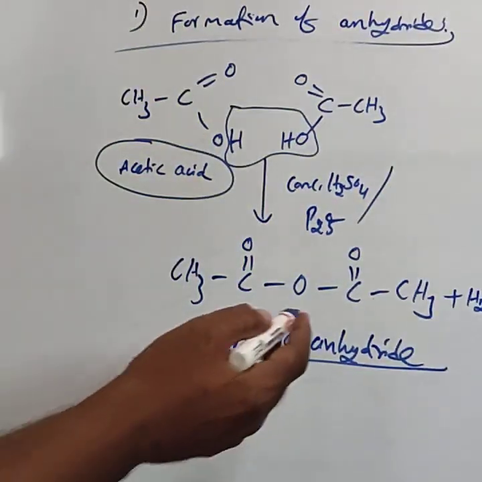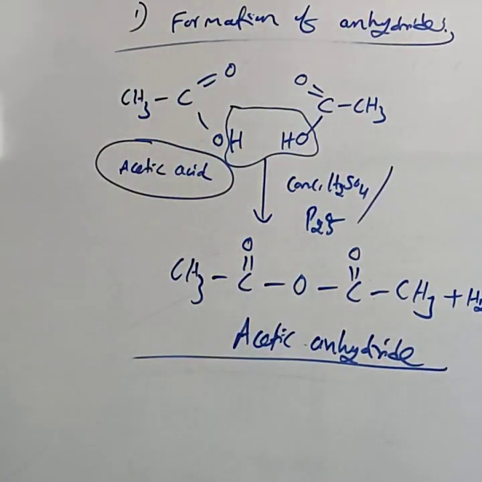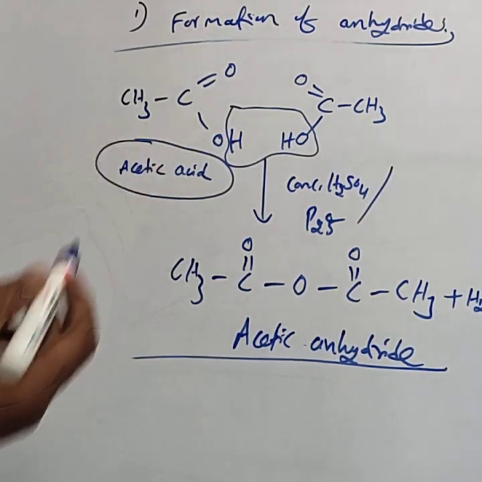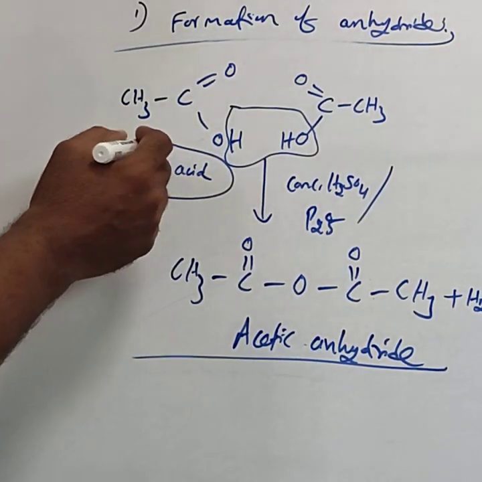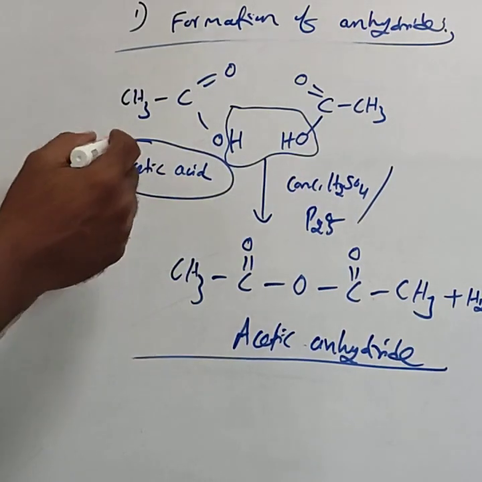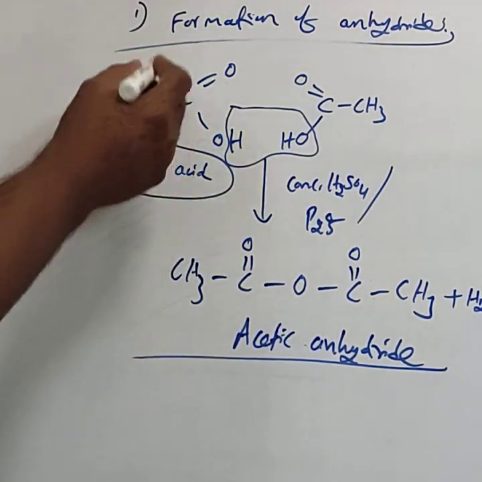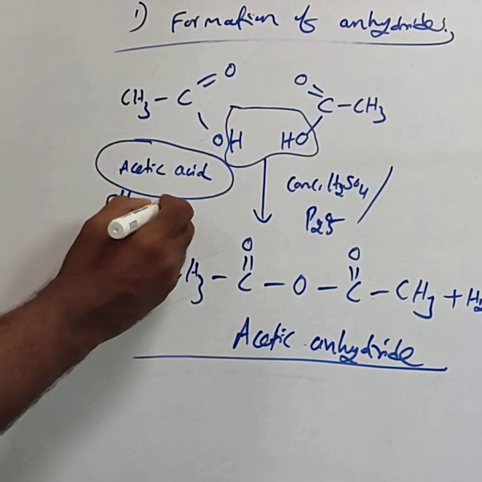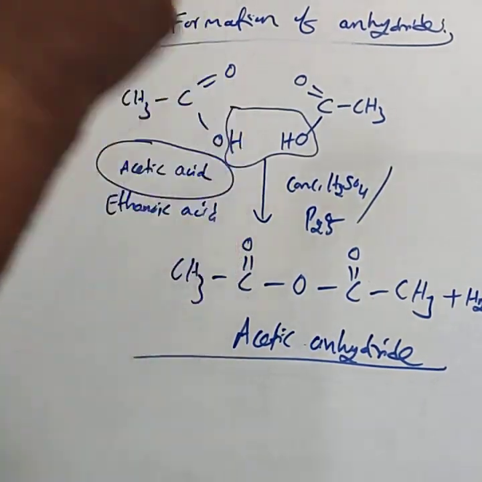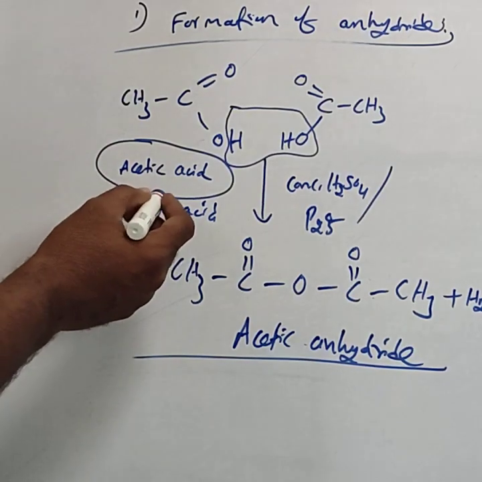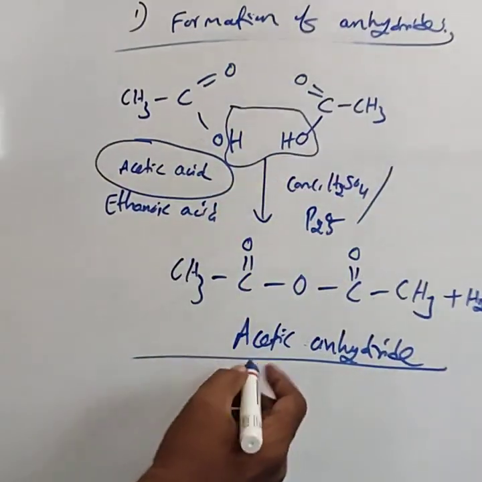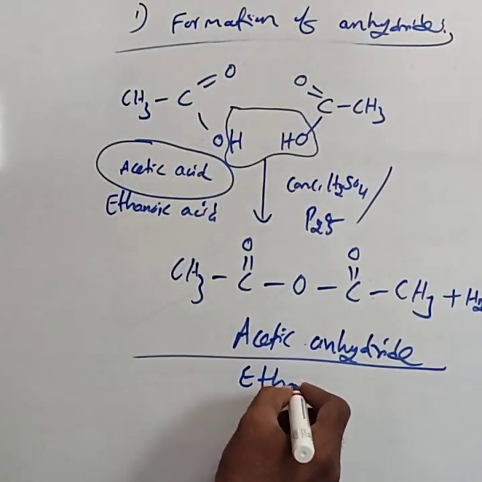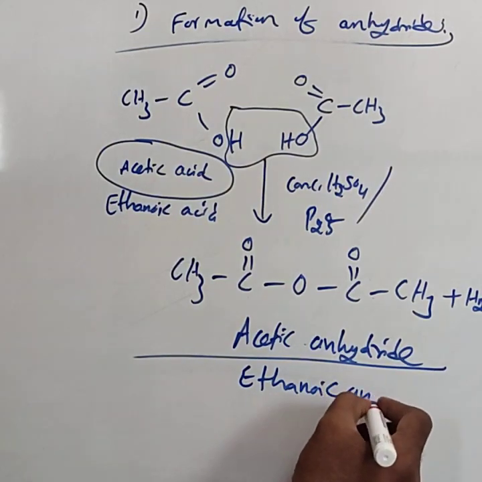Acetic anhydride is formed from the acetic acid. In the competitive exam, instead of giving acetic acid, they may give the IUPAC name. We know the IUPAC name of acetic acid is ethanoic acid.